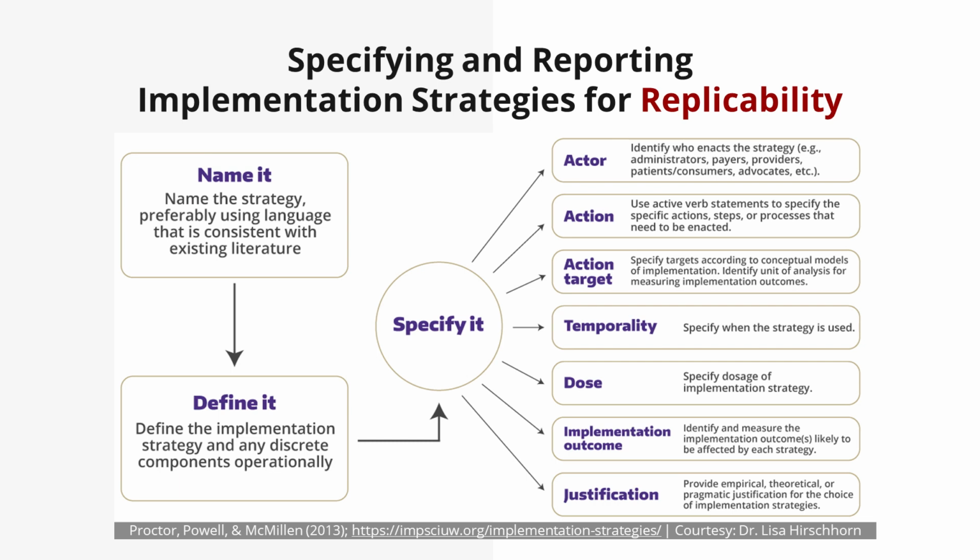And when you specify the components of it, such as the actor, the action target, the temporality, the dose, that will help you understand better what your implementation outcomes should be, because it will logically flow from understanding what you want that strategy to actually be doing. Lastly, you'll be justifying this by looking through the literature, ideally from previous systematic reviews, to understand the direction and expected magnitude of effect based upon previous published literature.